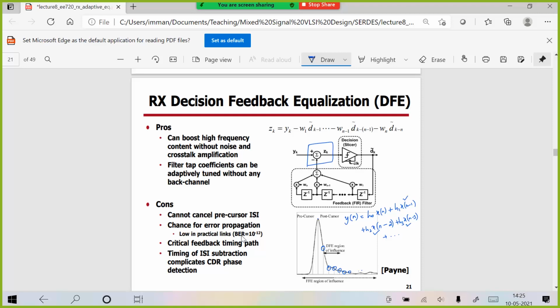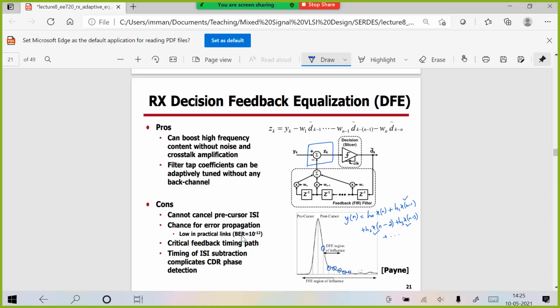It is not like a generic high pass filter which amplifies the high frequency noise and high frequency crosstalk components also. What this is doing is taking only what is needed, amplifying it, and leaving the rest. Basically it gets rid of ISI while not amplifying noise and crosstalk.